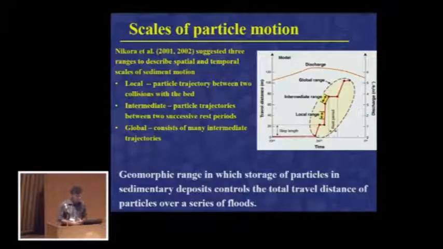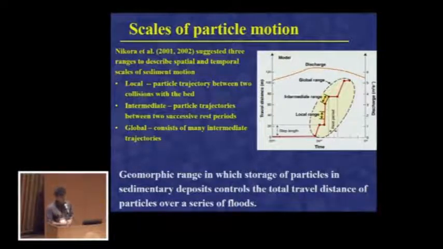Okay, so Nikora suggested to look at the spatial and the temporal motion of a grain in terms of three scales. One is the local, which is between two collisions. One is the intermediate, which is between two step lengths or between two rests, and then the global, which is a scale that includes a few intermediate cases.